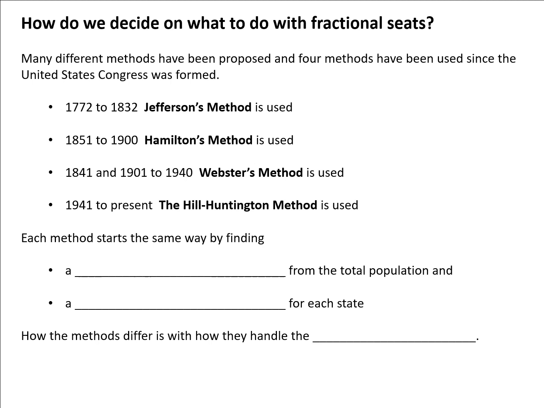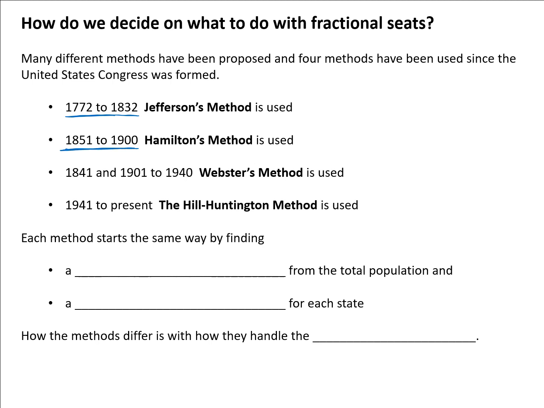In terms of voting, it went back and forth, but in the long run, Jefferson's method was used and determined to be used by Congress. And it was used from 1772 to 1832. But then things changed, and Hamilton's method became the favored method from 1851 to 1900.